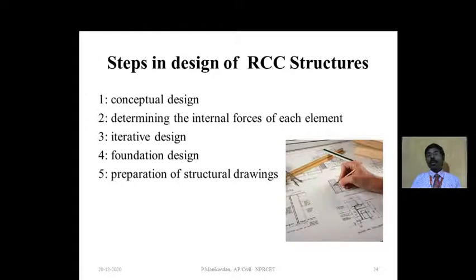But to make our work easier, we depend on software like STAAD Pro, ETABS, SAP 2000 for completing the work and getting the result in a short duration. After designing the beam, column, slabs, we have to design the foundation so that the structure will be found to be stable. After finalizing the cross section of all the elements, we have to prepare structural drawings.